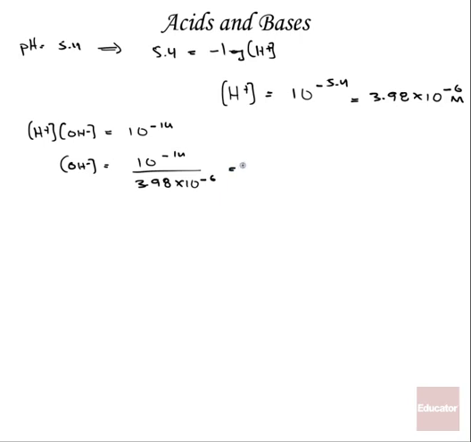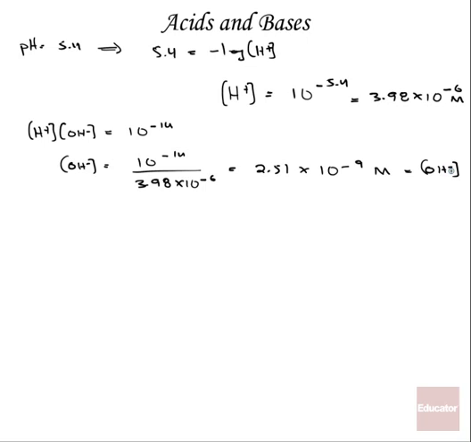And when we do this calculation, we get, what do we get? 2.51 times 10 to the negative 9 molarity. That's it. Nice and simple. Basic relation. Hydrogen ion concentration times the hydroxide ion concentration at 25 degrees Celsius is 10 to the negative 14.